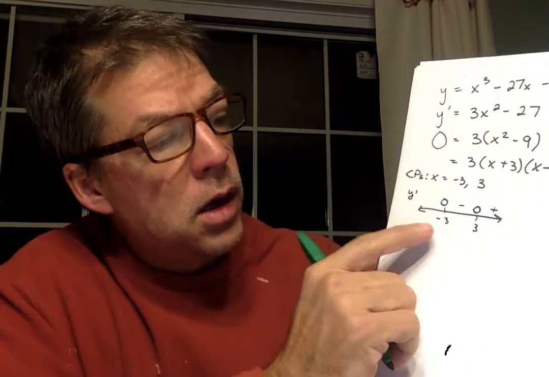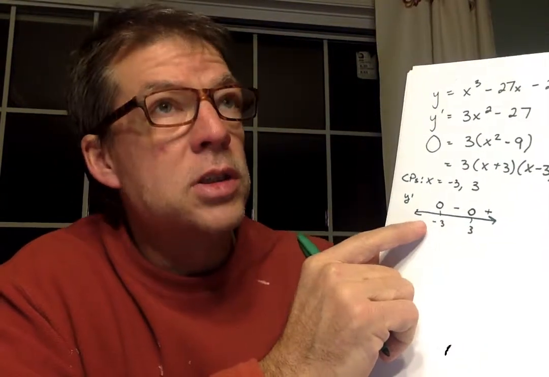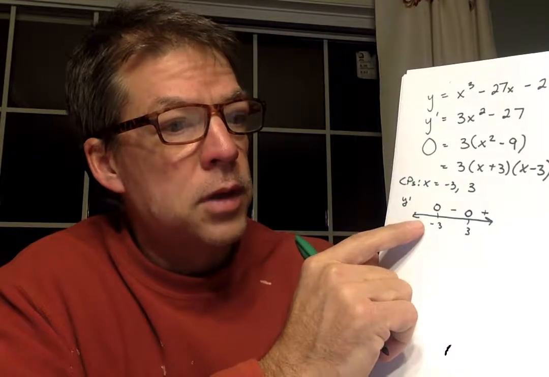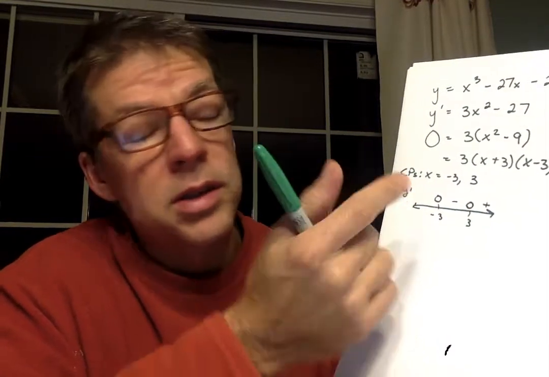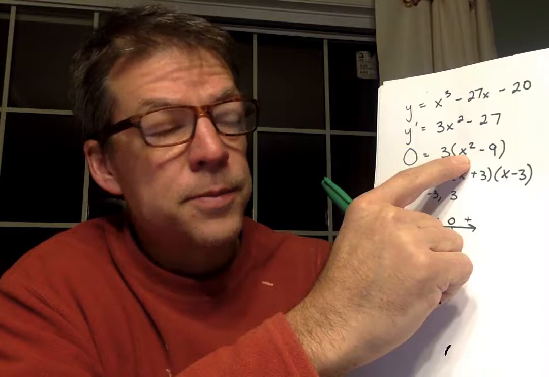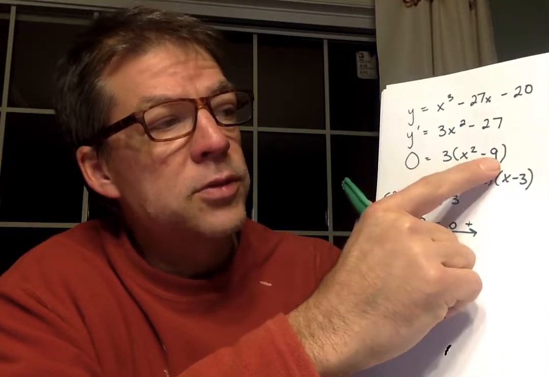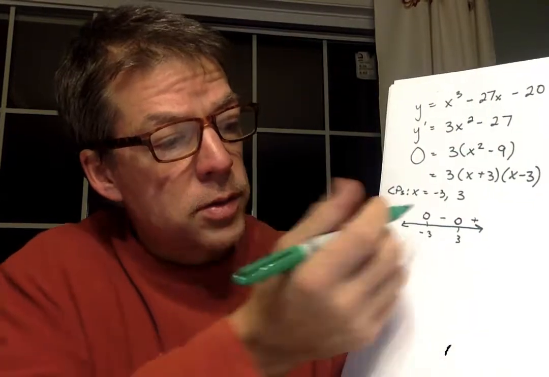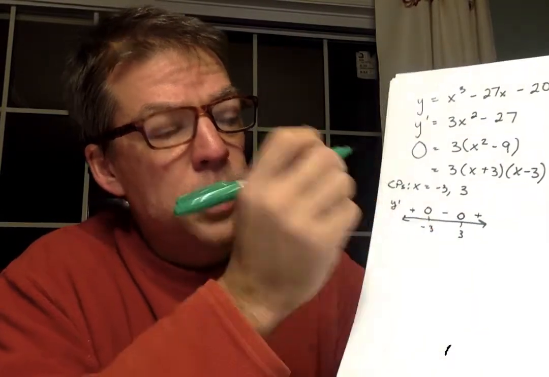And then let's do an obnoxiously large number that's past -3. So let's say -1,000, okay? So if you square -1,000, guess what? That's a positive, right? Gigantic positive minus 9 times 3. Can you tell that this is going to be positive? So I'm going to put a positive right there.